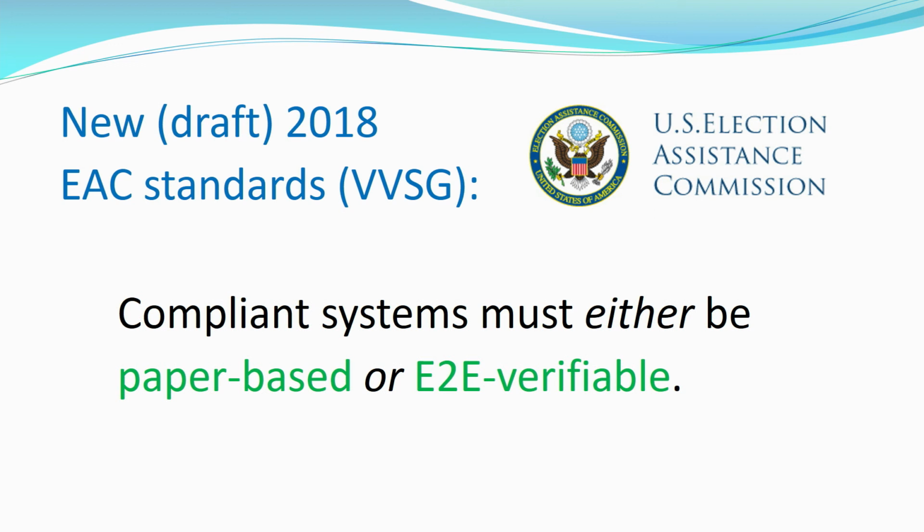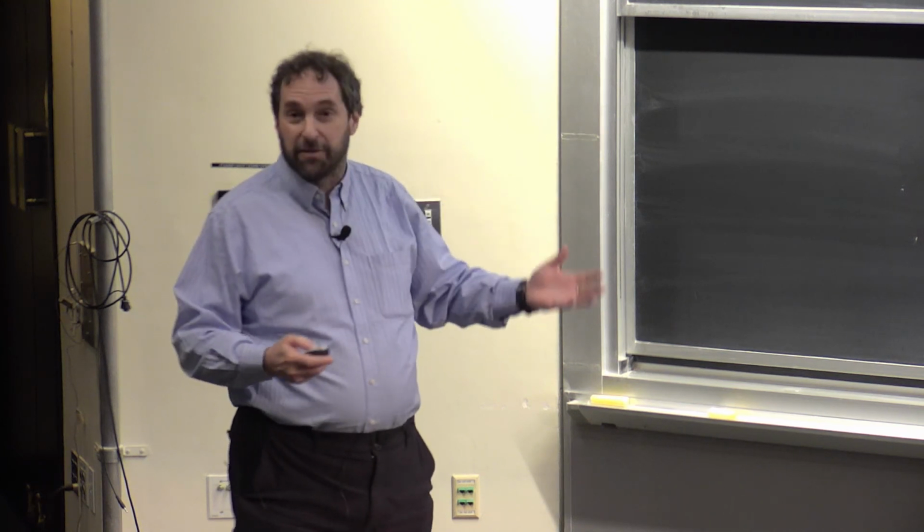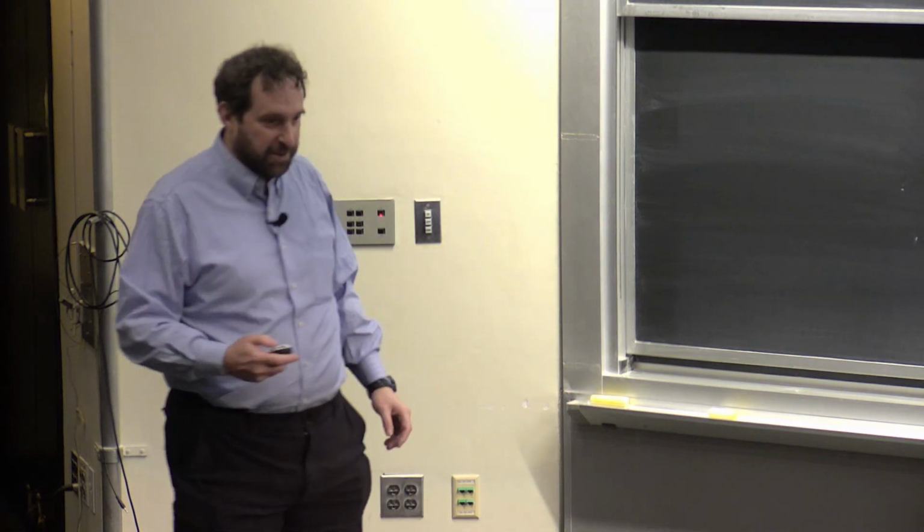Paper is no good if you have motor skill disabilities, et cetera. And the compromise that was reached was paper is a fine medium. If you're not going to use paper, you need some other mechanism for ensuring validity, verifiability of an election. End-to-end verifiability can provide that. So if you don't have paper, you must have end-to-end verifiability to have a compliant system.